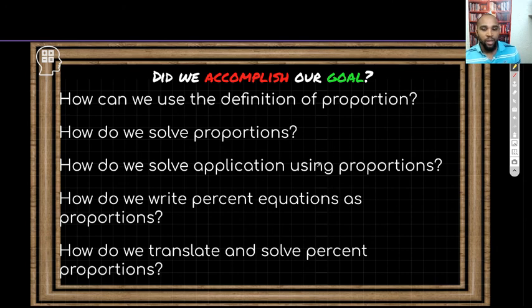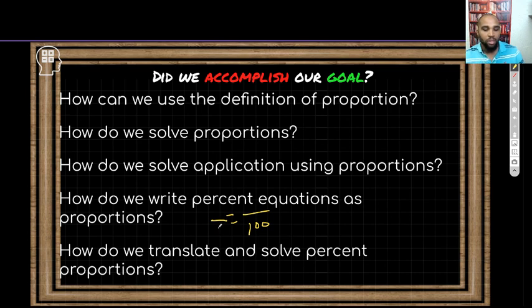How do we solve applications using proportions? If they're in word problems, we work them the same way. Just make sure you keep your units in the same place, all in the numerator or all in the denominator. How do we write percent equations as proportions? We talked about that, percent equations right here.